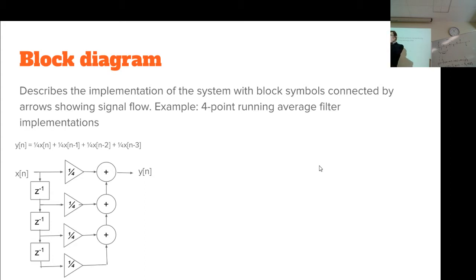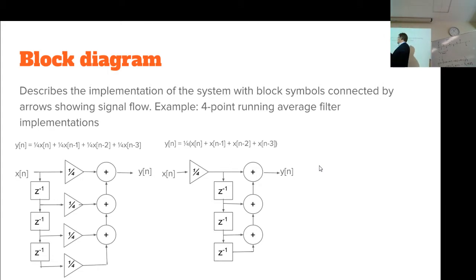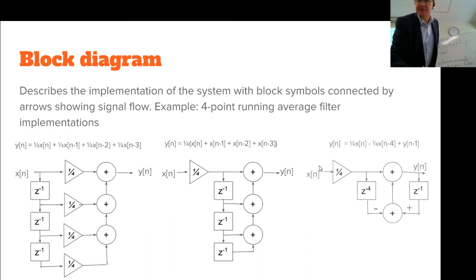Not optimal. You can already start thinking, okay, maybe I should move this multiplication somewhere else, like that. This is a much better way of calculating the whole thing. Or then we have also this feedback system, which now requires 1 multiplication, 2 memory locations, 2 addition operations.